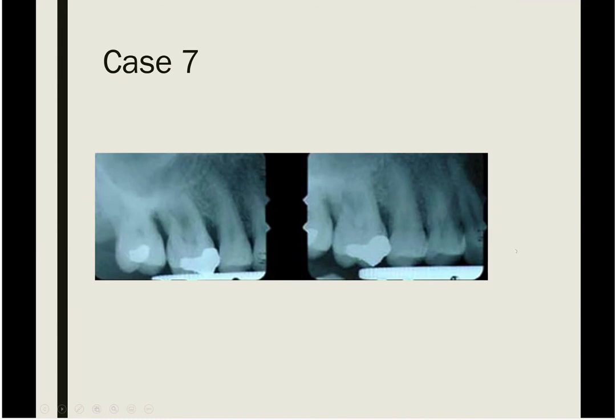Not remembering why I put this here, but I think it's good to talk about teeth with bony defects and furcation involvement. So if we were to treat this area, would we expect scaling and root planing alone to be successful?